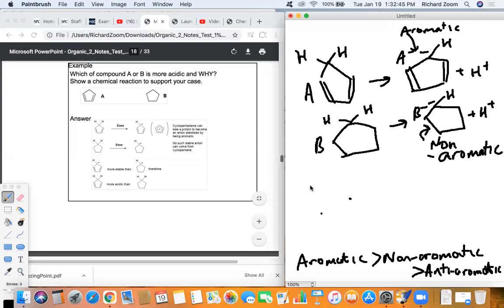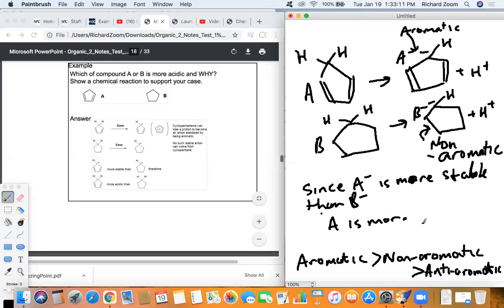The other way I could say it is: since A minus is more stable than B minus, then I can say A is more acidic than B.